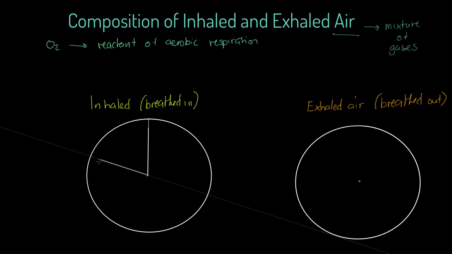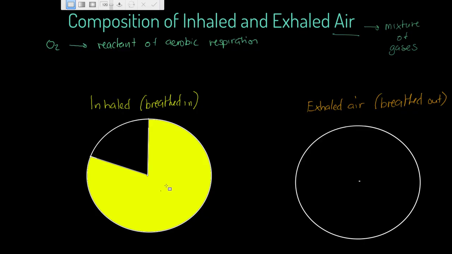If your thinking is, James, I reckon I know, I'm going to tell you that something along the lines of 78% of the air breathed in is nitrogen. Well, you would be correct, and good for you. Just be aware that in some places you might see the figure 79, but we're going to report it as 78 here. It's sort of in between. So 78% of the air we breathe in, the biggest majority part, is nitrogen.